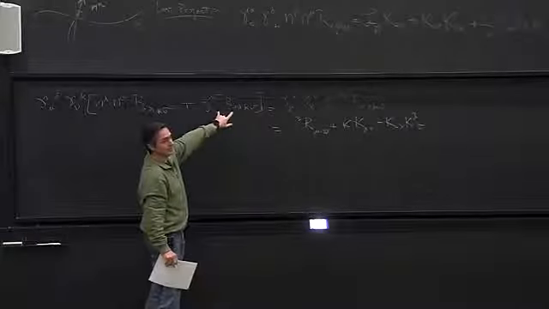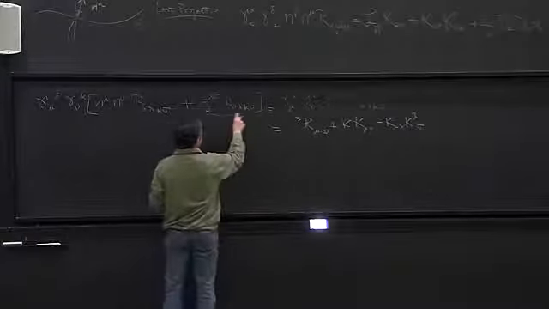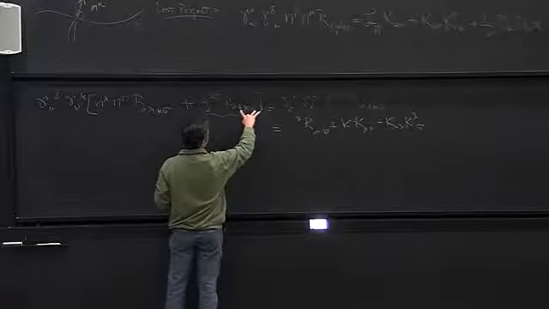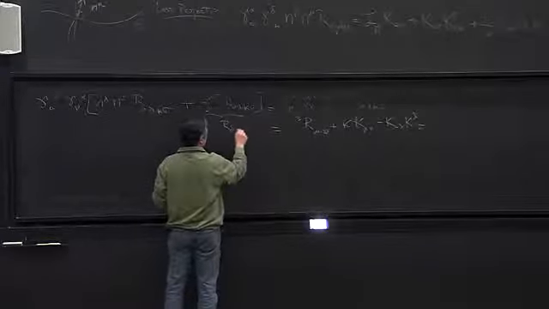Then this piece gives me the standard. Notice that this gives me lambda and sigma, and contracting these two, this is R delta kappa.